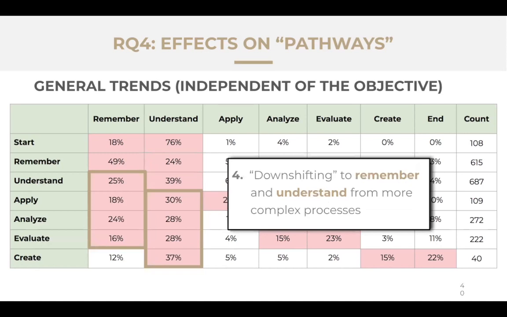The other thing that I think is really interesting is that we tend to see common transitioning from high complexity processes to low complexity processes. We call these downshift transitions. You might think that this idea of learning is going from simple to moderately complex to highly complex, and then we finish.